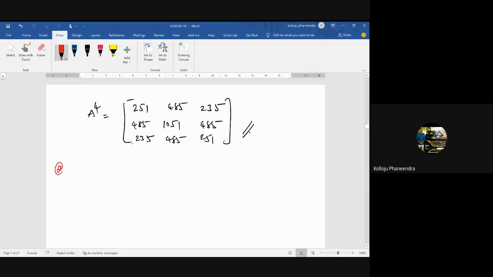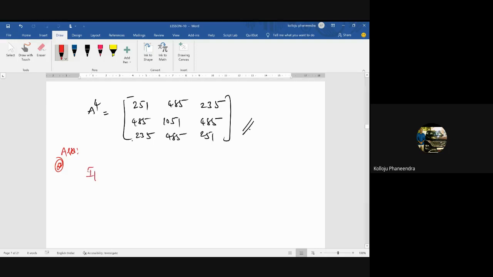Now take some assignment problems based on diagonalization. If A equals 5 3 1 3, find A power 4, using diagonalization.